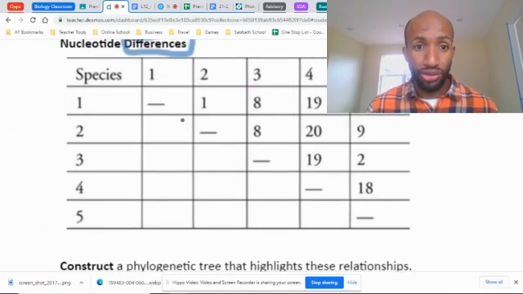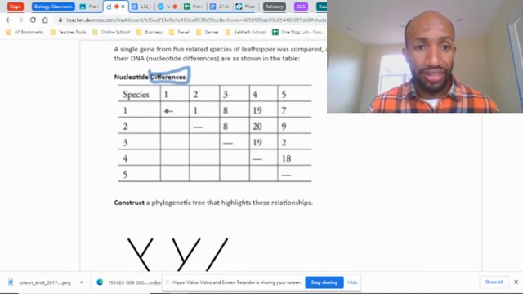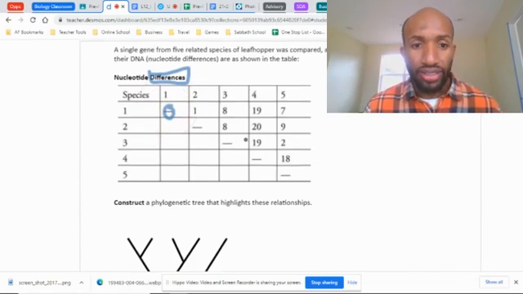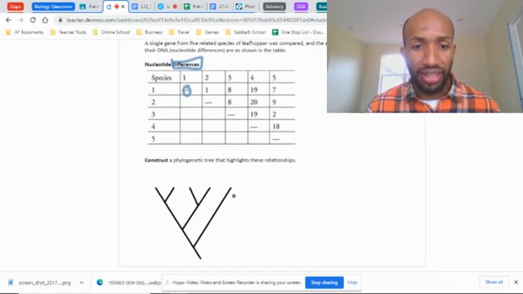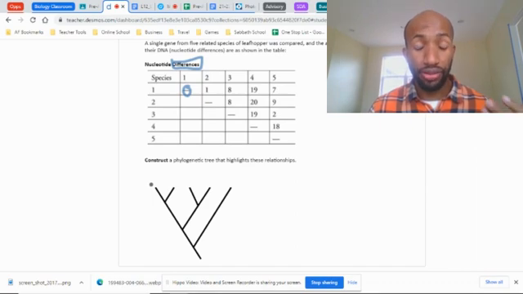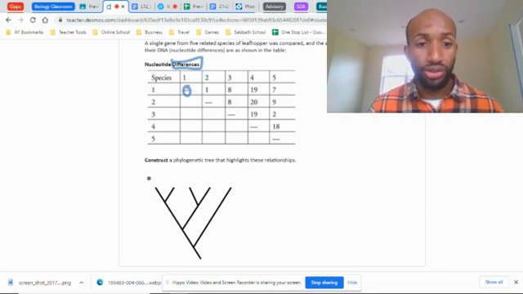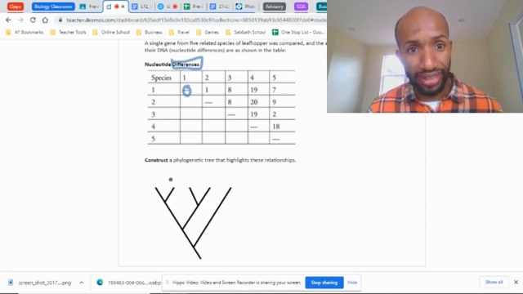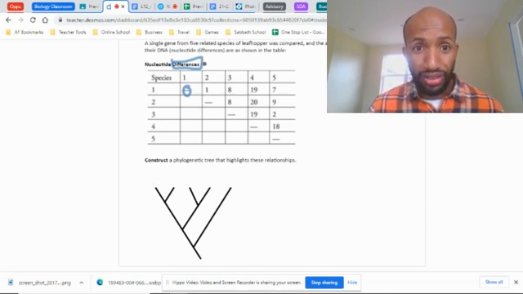So species 1 here has 0 differences. What does that mean? Does that mean that it's the outgroup, or does that mean that it's the creature that we're actually looking at to be the one that has the most similarities? A 0 difference equals 100% similarities.